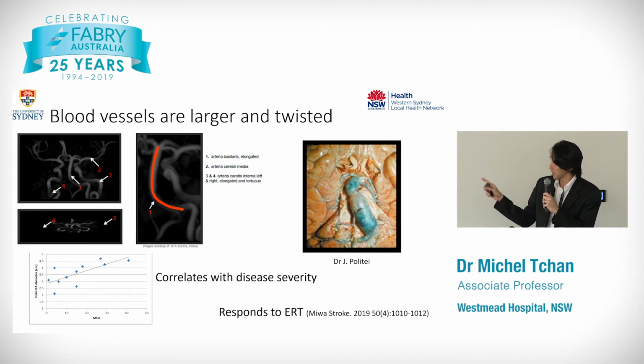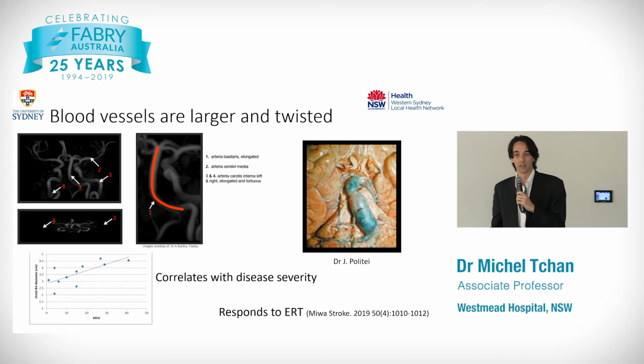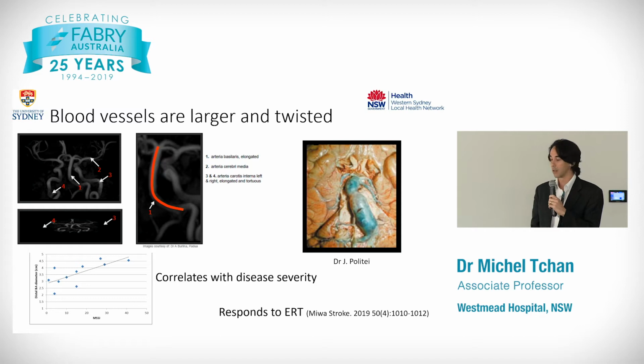What's also interesting is that the diameter of the basilar arteries also seems to be responding to enzyme replacement therapy. So for people who've been on enzyme replacement therapy for longer, their blood vessels are perhaps less affected. That's an encouraging bit of data that's just been published fairly recently.